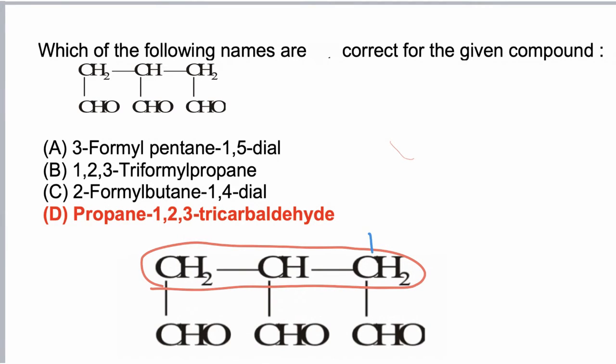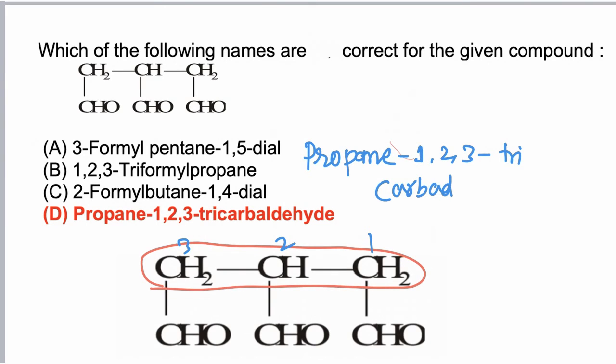So now 1, 2, 3 carbons are present in the main chain, and hence the name of the molecule is propane-1,2,3-tri. Now instead of aldehyde, we use the carbaldehyde suffix. So propane-1,2,3-tricarbaldehyde, and hence option D is correct.